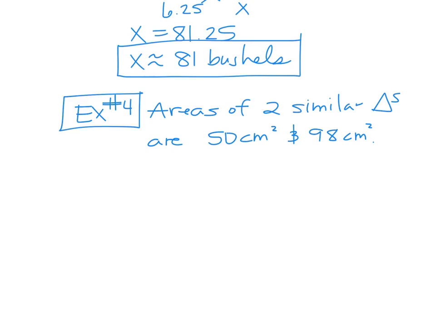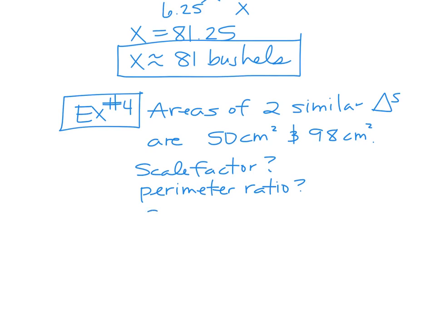I want to know what's the scale factor? Okay, and what's the perimeter ratio? Actually, let's just find them all. Okay, so we're looking for these three things: scale factor, perimeter ratio, and area ratio.